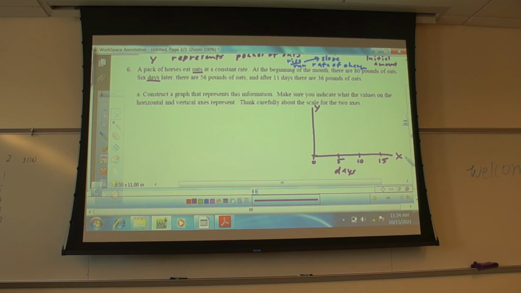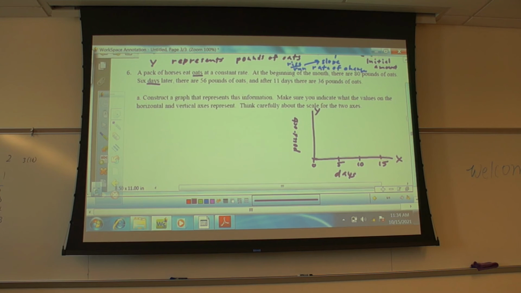And then, what's my y again? Ryan, what's my y? The pounds of oats. Mm-hmm. So pounds of oats. And the y should always start at 0, but what's the most it has?